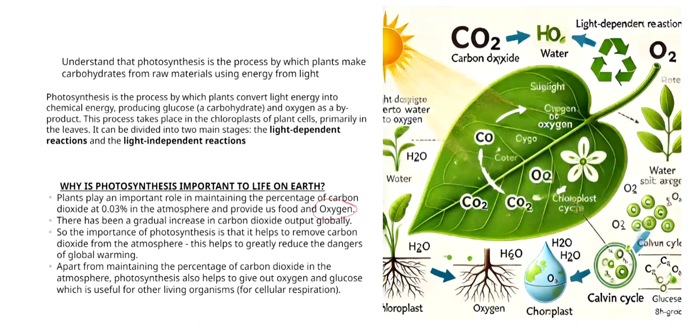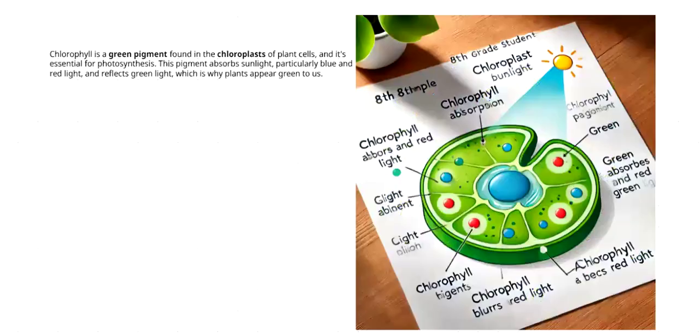Now, students, come to the real point: how photosynthesis occurs and what photosynthesis is. Before starting that topic, first of all the definition, and then we will see its detail.